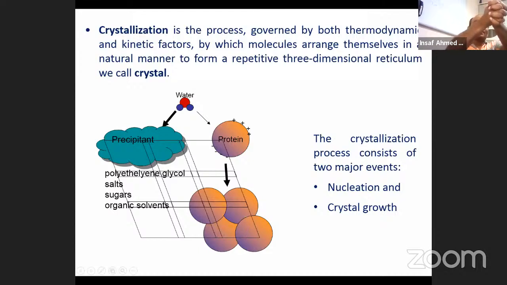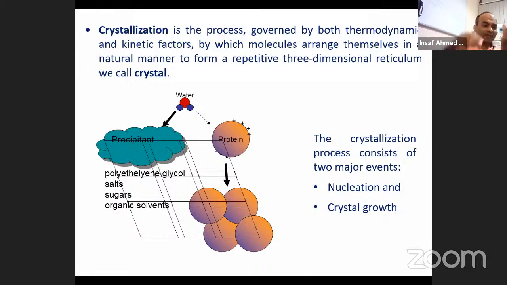They formed a crystal. In crystallization there are two phases. One is nucleation, which means seeding. When you add the precipitant, first a small seed comes, meaning two or three protein molecules come together, and around that, other molecules later start coming together. When you have one or two molecules, that is called the nuclei, and the procedure is called nucleation.